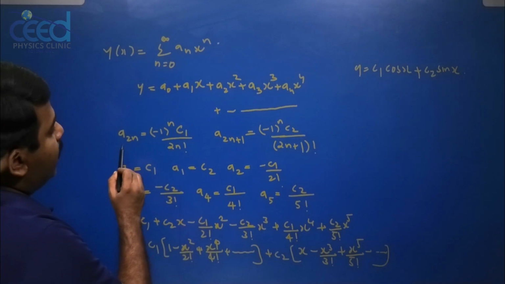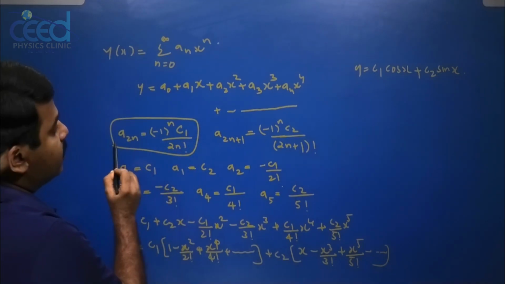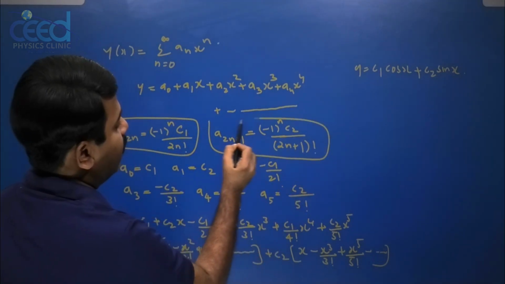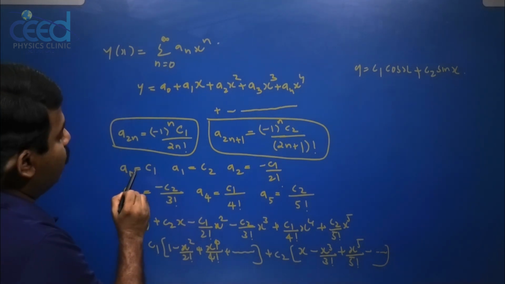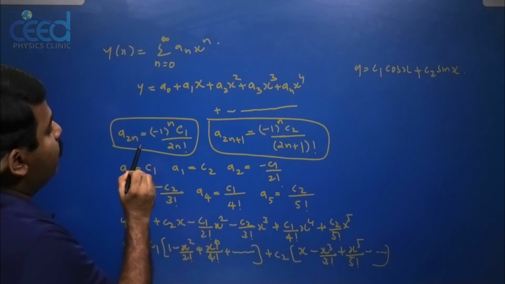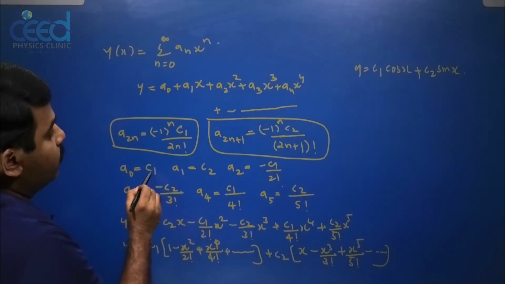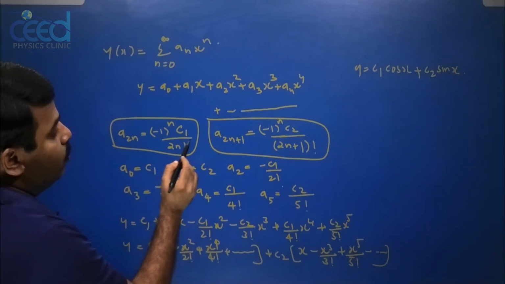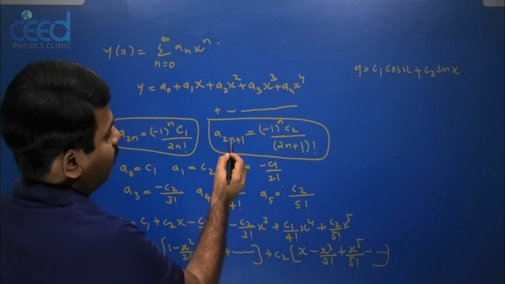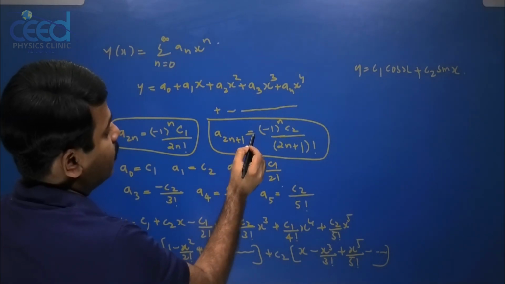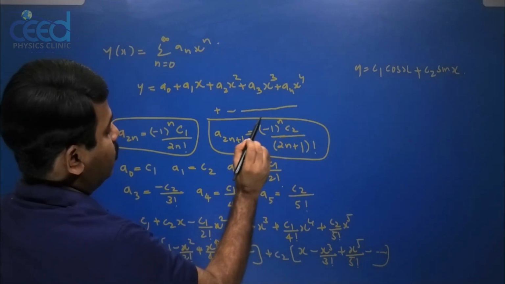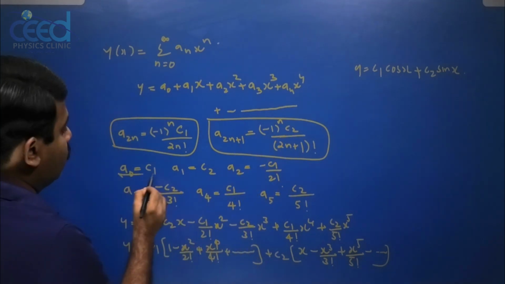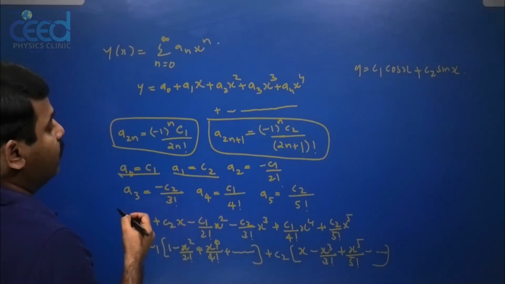Now a2n and a2n plus 1 we derived generally. From this I can find the a0 value, c1, and the a1 value. What is the a1 value? Put n equal to 0 here, then a1 is c2 divided by 1, so a0 is equal to c1 and a1 is equal to c2.